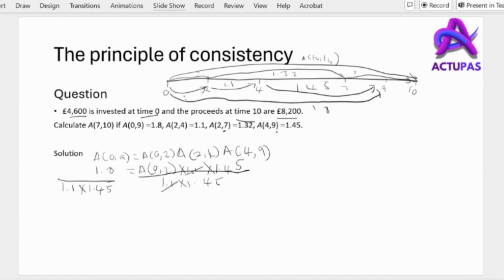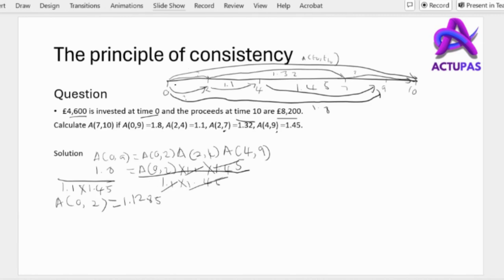These will cancel each other. This side we are left with a 0 to 2. Using a calculator to calculate 1.8 divided by 1.1 by 1.45, we get a 0 to 2 is 1.1285.